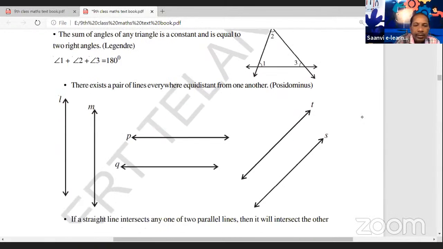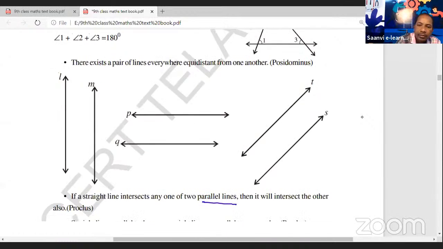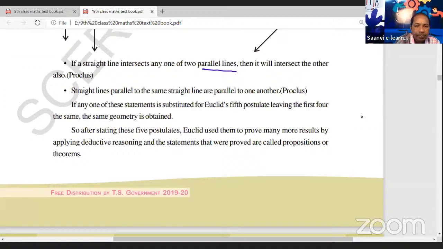Already we have discussed this in previous classes. There exists a pair of lines everywhere equidistant from one another. So if we draw two lines like this, they are equidistant from one another, so we call them parallel lines. Parallel lines means they never meet.